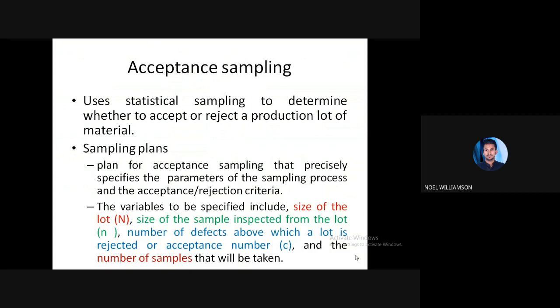Now this works on certain sampling plans. So what is a sampling plan? A sampling plan is a plan for acceptance sampling that precisely specifies the parameters of the sampling process and the acceptance rejection criteria.